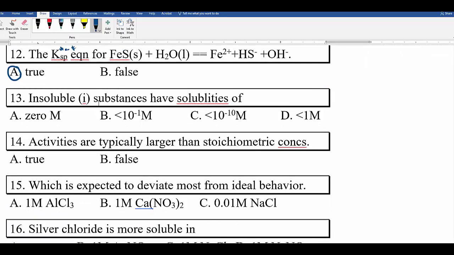13. Insoluble substances have solubilities of less than 0.1 molar. This is just kind of a gray area.